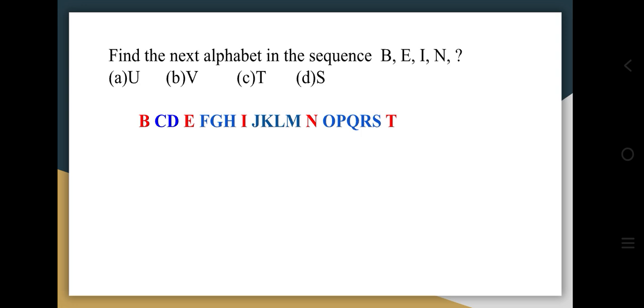So the next alphabet in the sequence is after 5 alphabets following N: O, P, Q, R, S, 5 alphabets. So the next one is T.